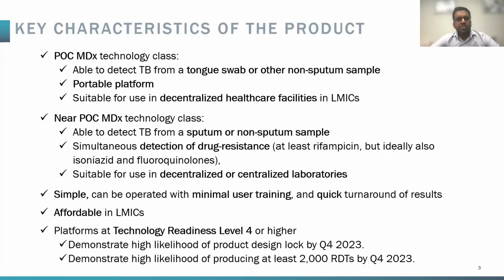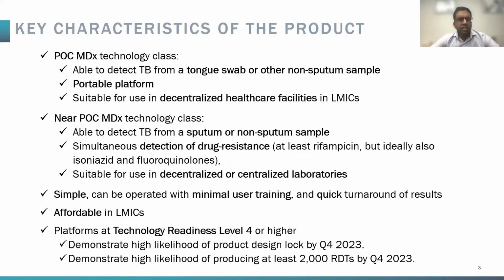In terms of the specific characteristics of the products, for the point of care molecular diagnostic class, we are looking for a test that's able to detect TB from a tongue swab or other non-sputum samples. Ideally, this needs to be a portable platform and suitable for use in decentralized healthcare facilities.